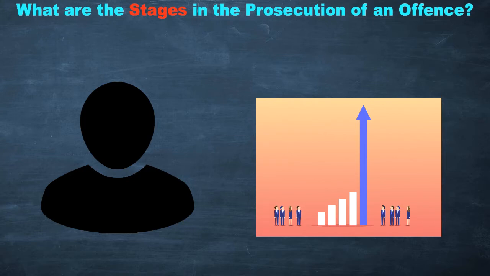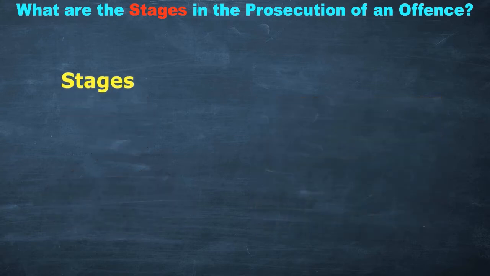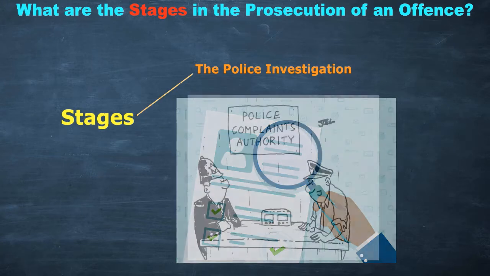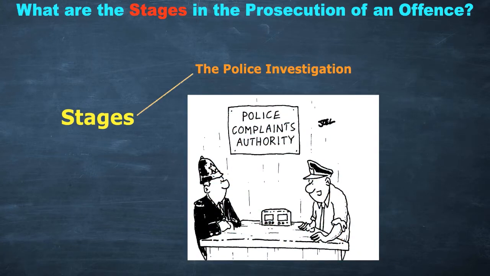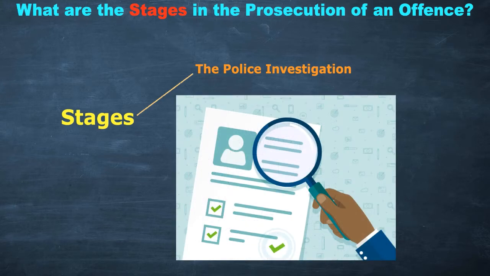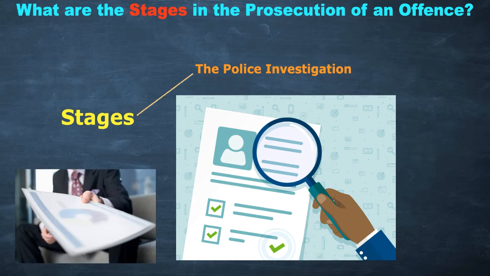Okay, so primarily there are two stages. The first one is the police investigation. Okay, when a police officer registers a complaint normally made by a victim or his or her relatives, then police makes an investigation based on the written complaint and submits the charge sheet.